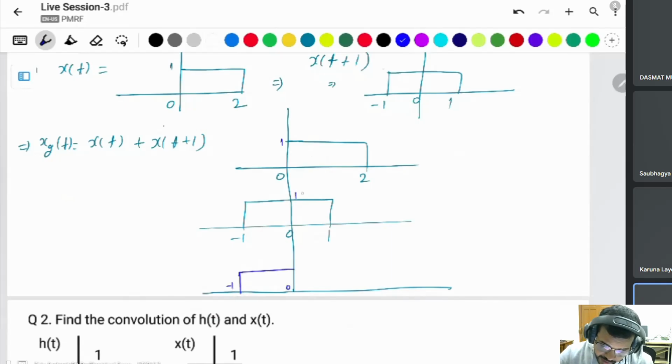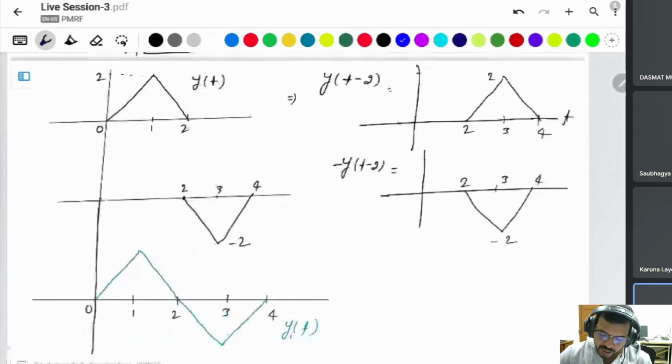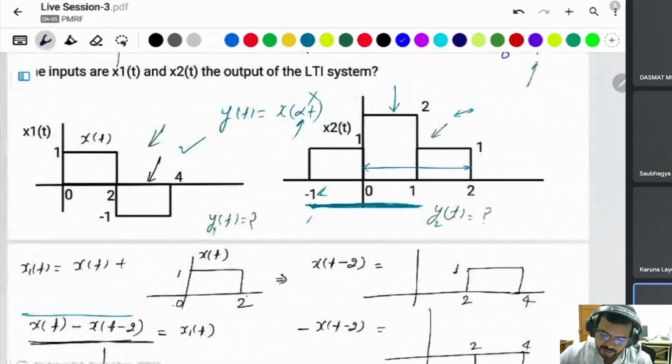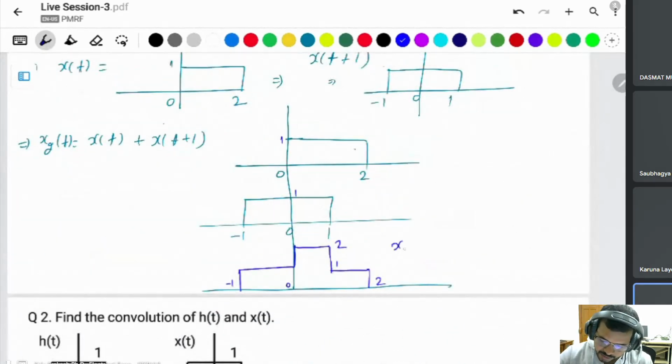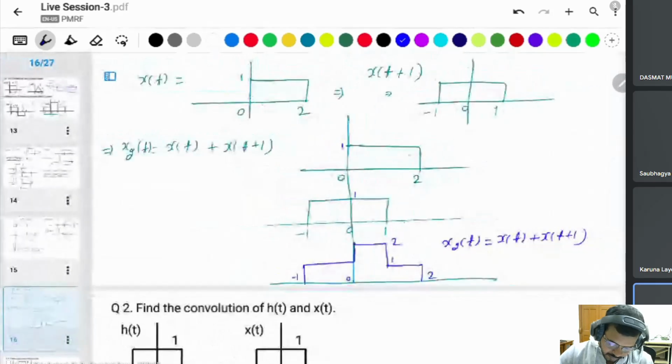This is 1 and 1 adding up, it goes to 2 from 0 to 1. After that, only this signal is present up to 2. This looks the same as x2(t). It means x2(t) is written as x(t) plus x(t+1).